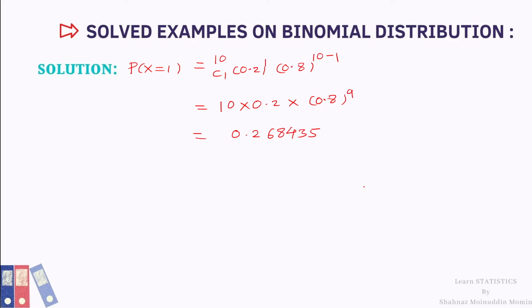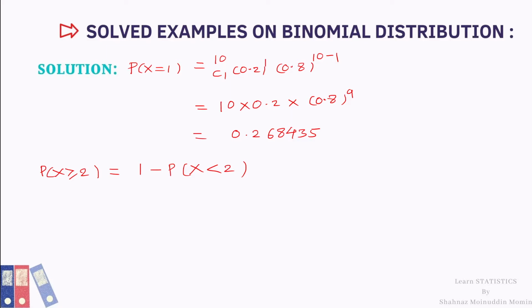Now we will obtain the last probability, which is probability x greater than or equal to 2. I will use the theorem of complement of probability, which is equal to 1 minus probability x less than 2. This probability can also be calculated by two methods.